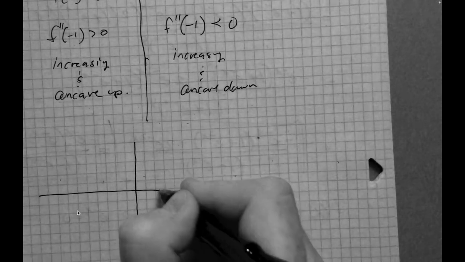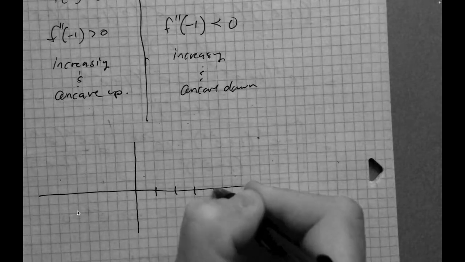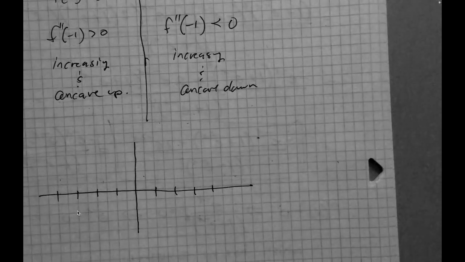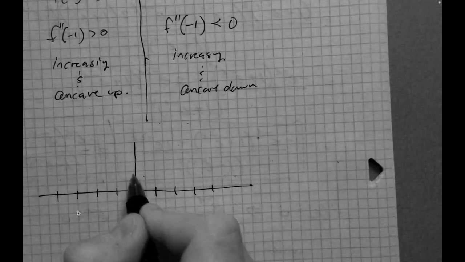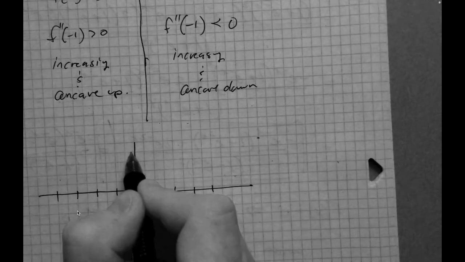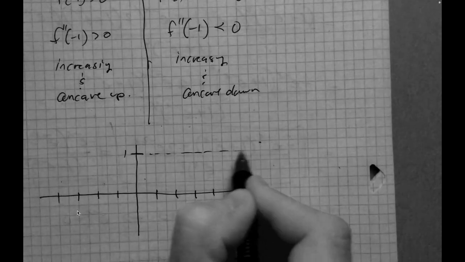So we've got our x and our y's here. So here we'll just put the scale like this. Okay, and then this function, we have horizontal asymptotes at 0 and at 1, right? So I'm going to actually make it a little bit bigger. So we'll call this 1. Okay, so you got a horizontal asymptote there.